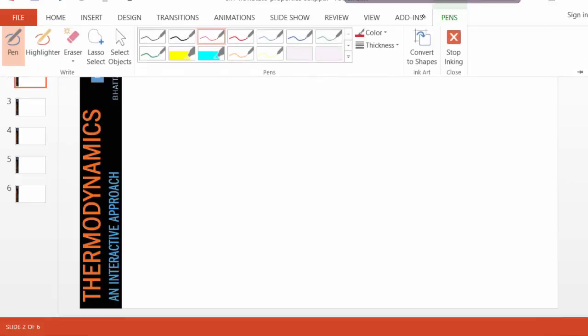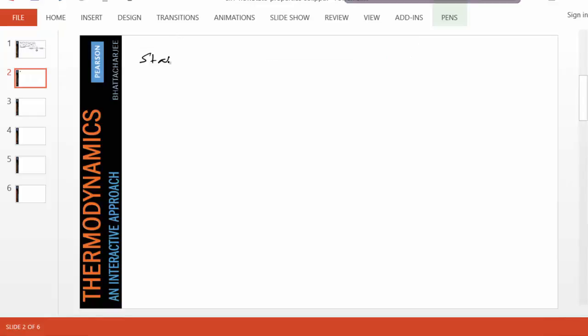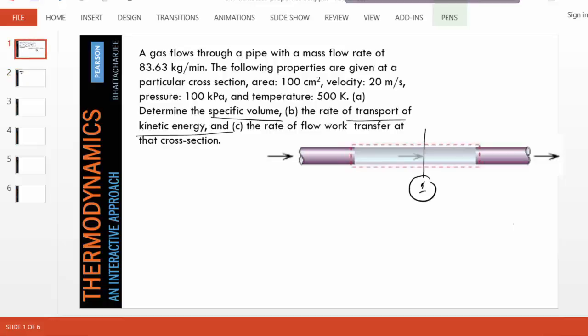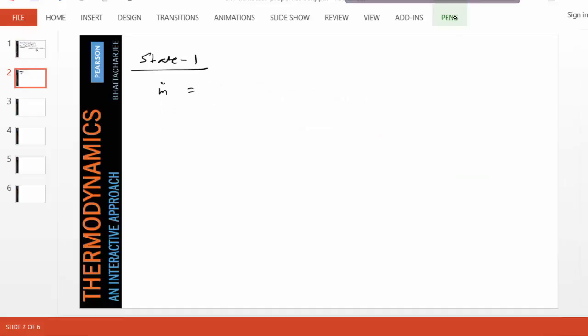So what we know about state 1: the mass flow rate is supplied, 83.63 kg per minute, and if we transfer that into kg per second, it turns out to be approximately 1.4 kg per second.